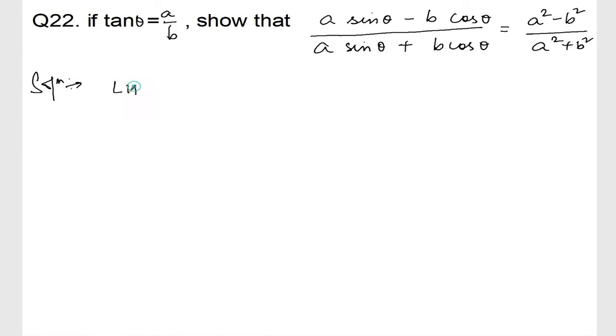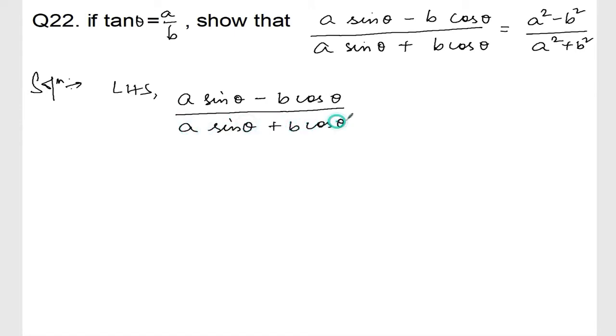Left hand side is a sin theta minus b cos theta divided by a sin theta plus b cos theta.